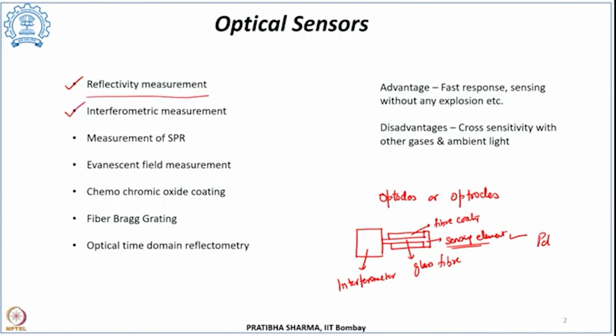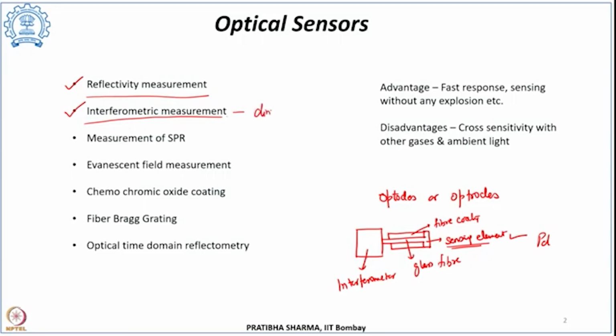Now the second way of gas sensing is interferometric measurement. In interferometric measurement, there is a change in the dimension or refractive index of the gas sensing material when it is exposed to hydrogen.